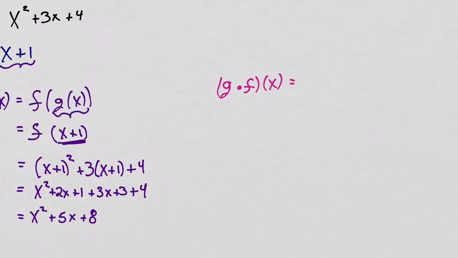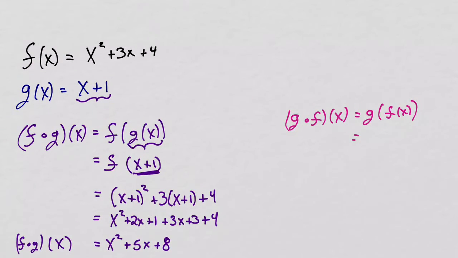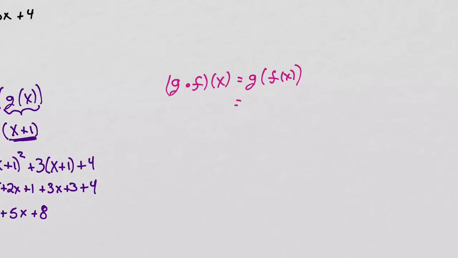Now, what this means is that my f of x is going to go inside, so it's g of f of x. Well, from here I replace my f of x with the original f of x, which is x squared plus 3x plus 4. So this becomes g of x squared plus 3x plus 4.